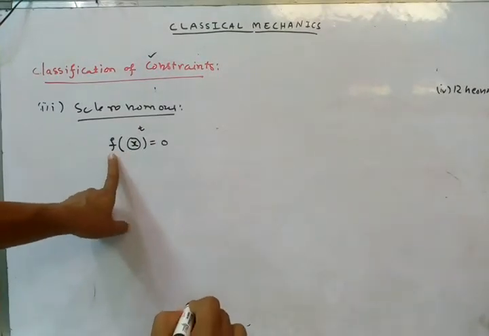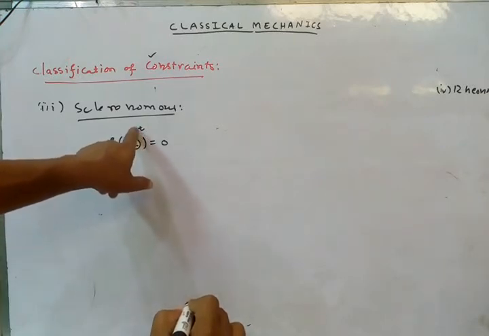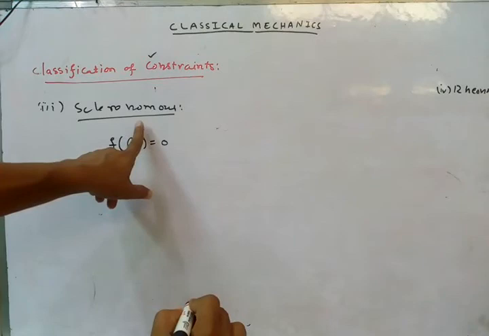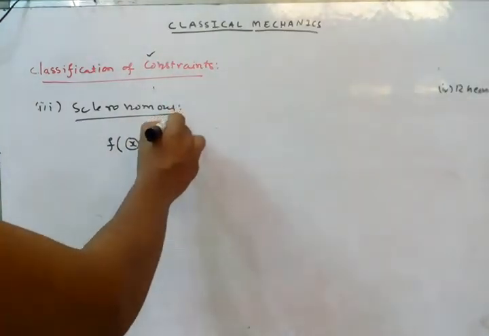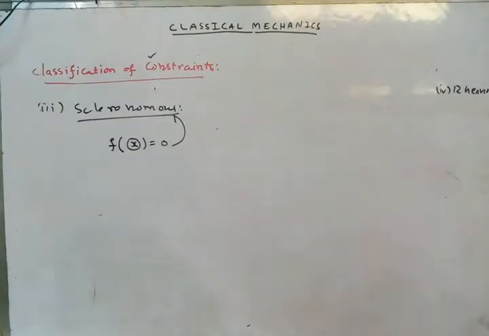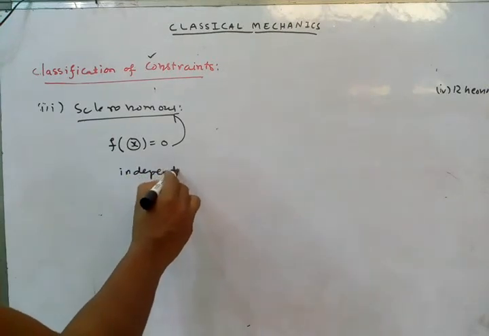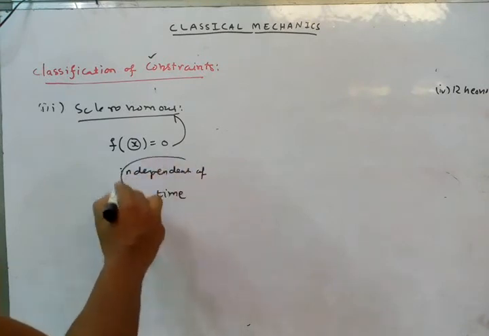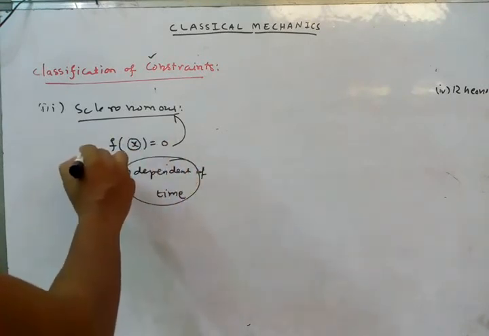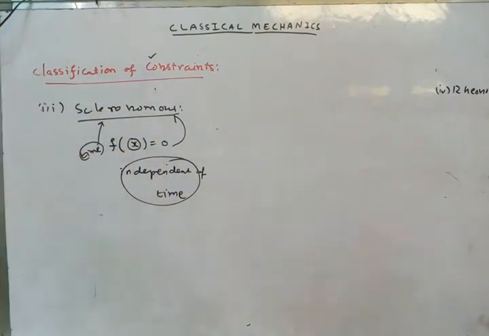The function f of x is in terms of x only, it is not depending on time. Without time, that constraint equation goes to scleronomic constraints. That means the constraints are independent of time. Those types of constraint equations go to scleronomic constraints.